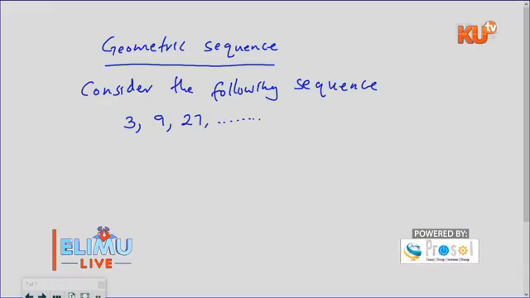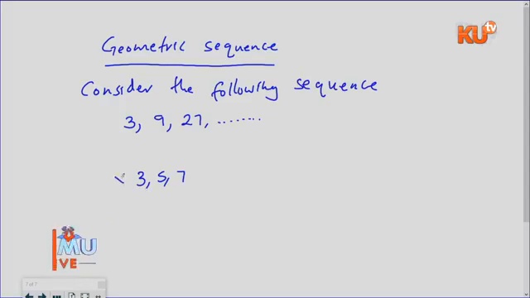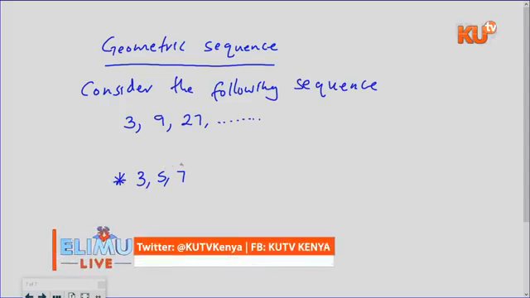So if you look at this sequence and compare it to the previous sequences, I want to write it here, but just to compare, look at this one, 3, 5, and 7. This was the first case we were looking at, and we said this is an arithmetic sequence. But now, this one has 3 as the first term. The second term is 9.